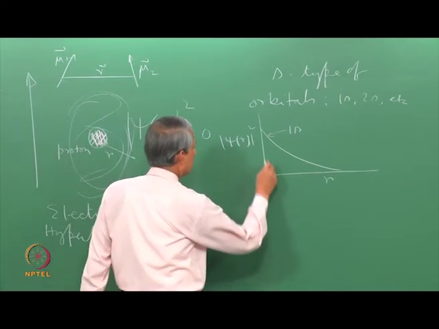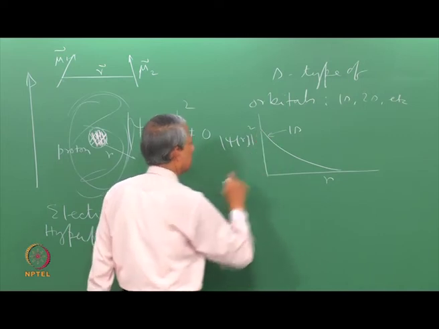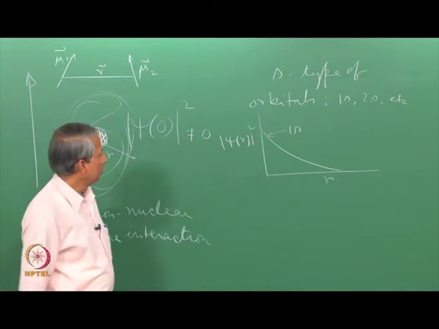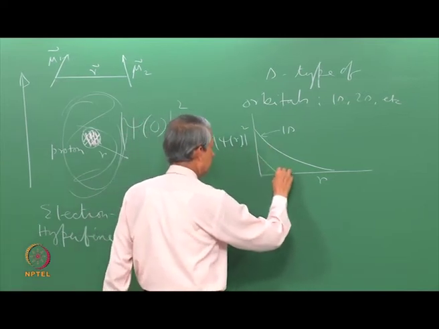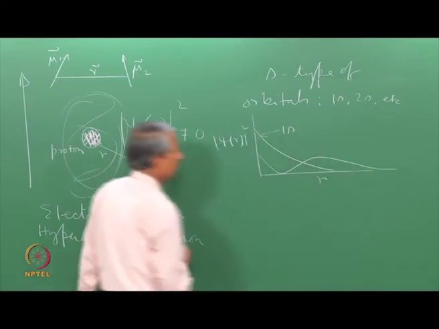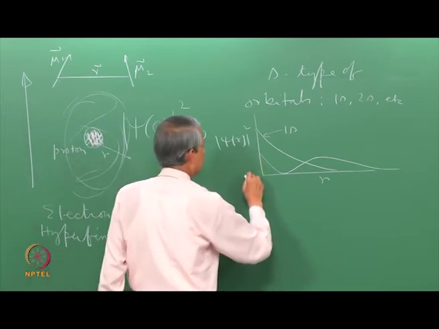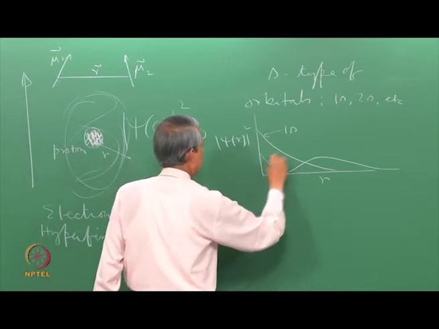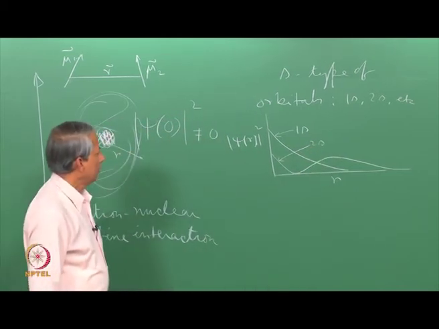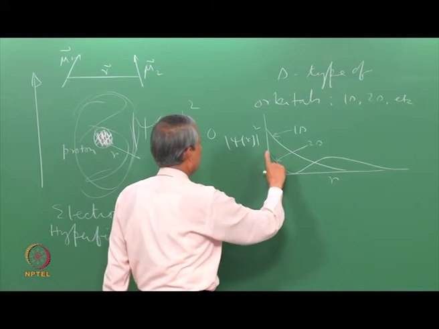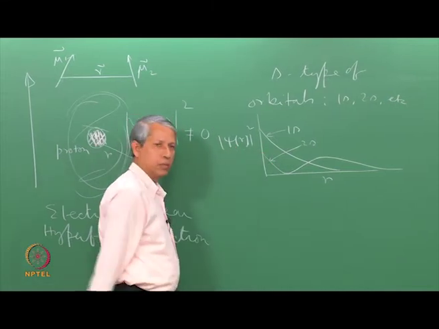So, at r equal to 0, this value is non-zero. Similarly, for the 2s orbital, it looks something like this. So, for all the s orbitals, there is a finite probability of finding the electron at the nucleus.